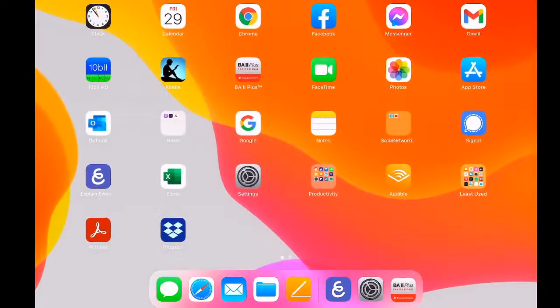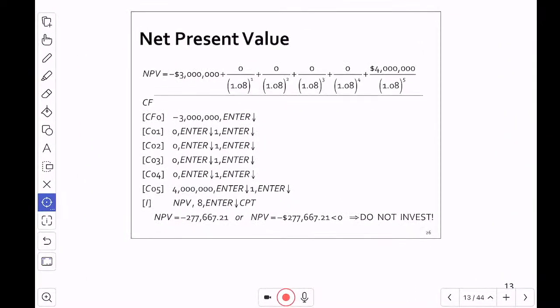So what does it mean? It means that in time $0, $4 million in 5 years is not enough to offset the purchase today. It's not enough. All right, so it's a loss for you.